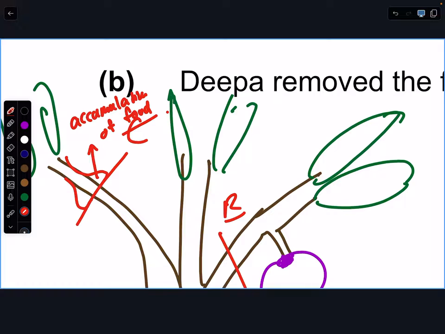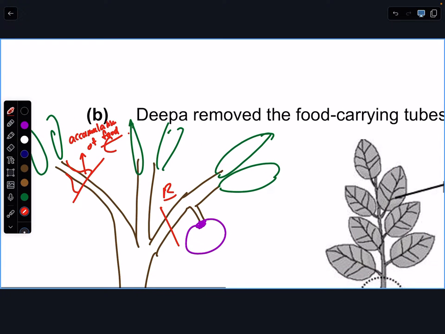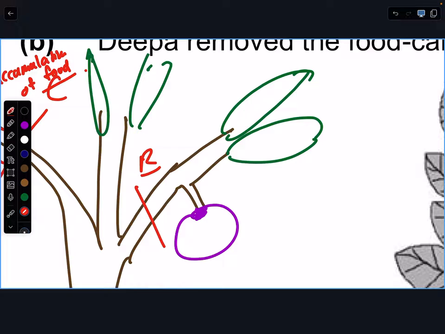Scenario number 2 for cut B over here. So water can still be transported from your roots to your leaves, okay? No problem. Your leaves will still happily photosynthesize.